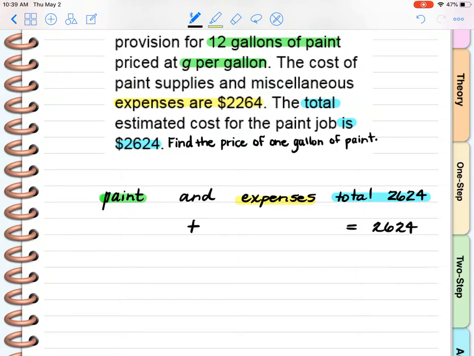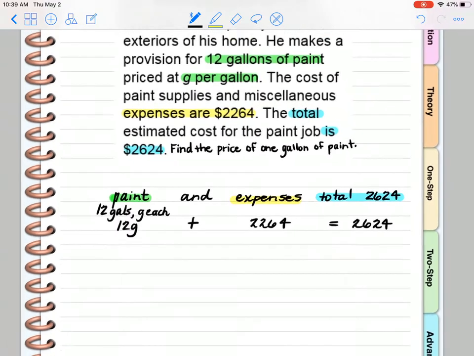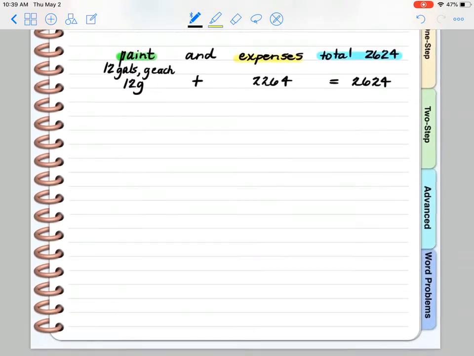Okay, if we study that green part, we know that we need 12 gallons that are G each. So that's 12G. And we know that our expenses come up to this amount. And there's your problem that you need to solve.